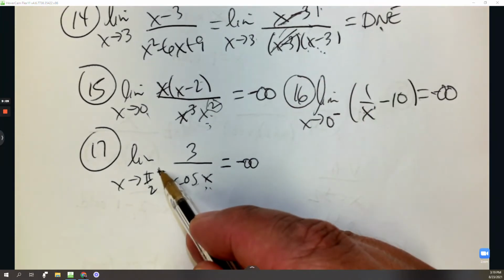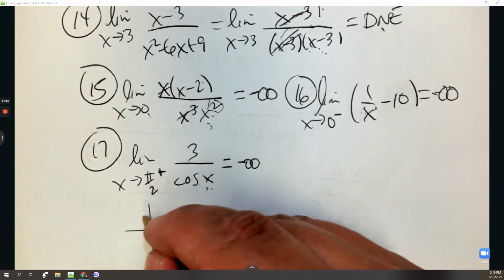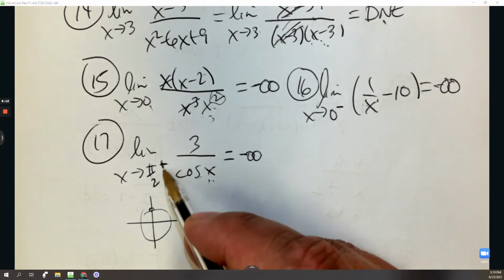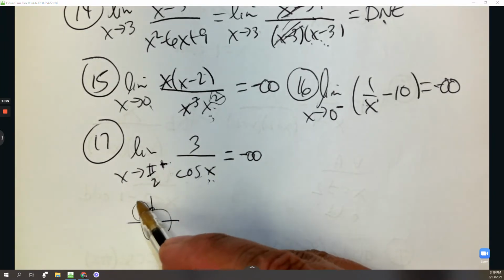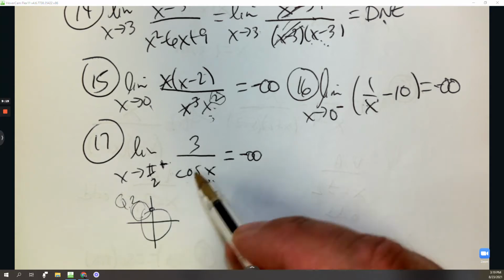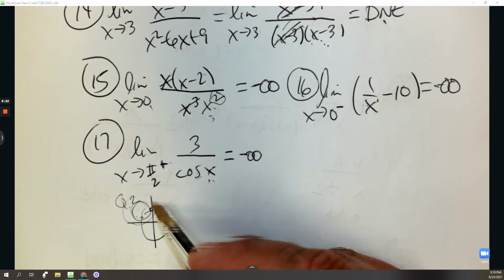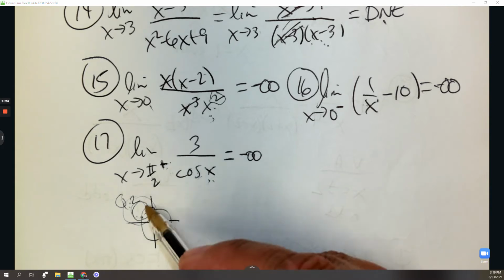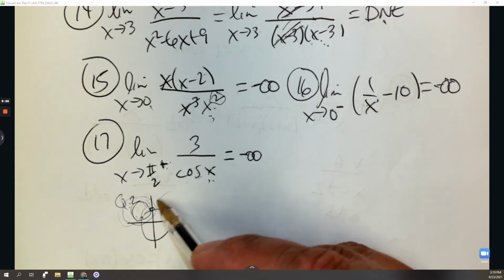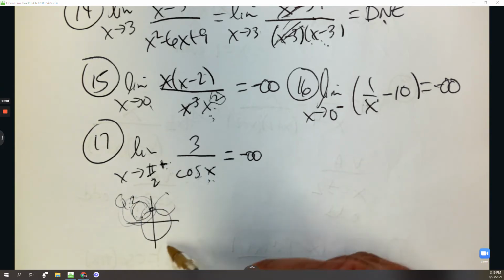So from the right means here's pi over 2. If you go from the right, you pick an angle in quadrant number 2, and cosine is negative in quadrant number 2. So from the right, it's negative. From the left, it wouldn't be. Oh, look at that. That's like Minnie Mouse.